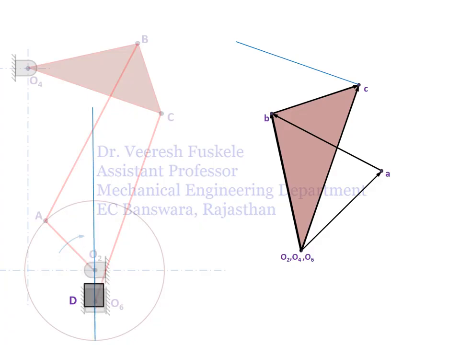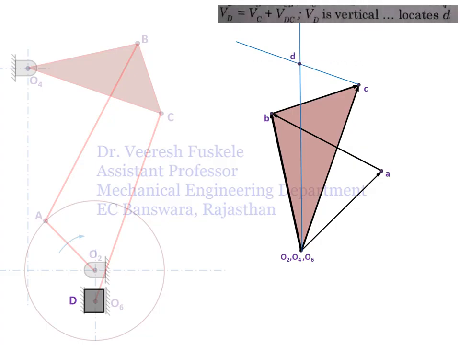The slider will always be moving in the vertical direction. So the intersection of the slider velocity and the velocity vector of the link CD will give us the point D in the velocity diagram. Again, the sense of the velocity of the point D will be according to the relative velocity, that is the velocity of point D will be equal to the velocity of C plus the velocity of D relative to C.